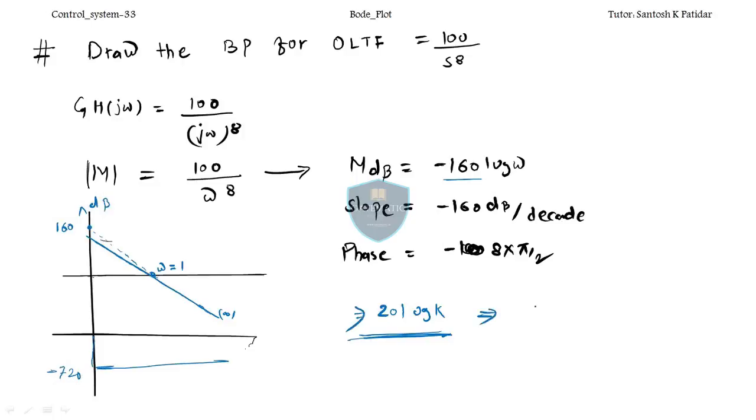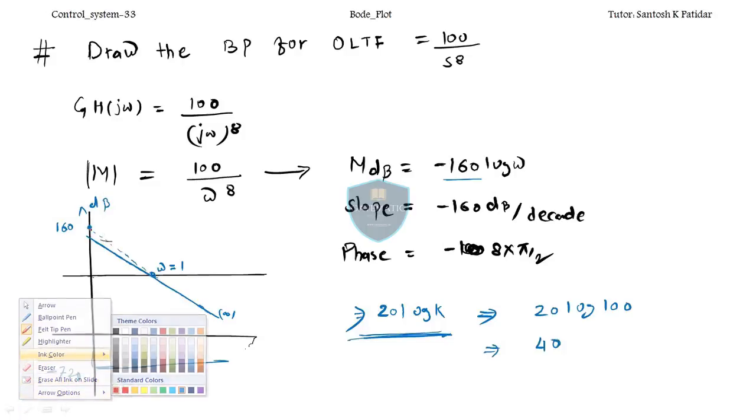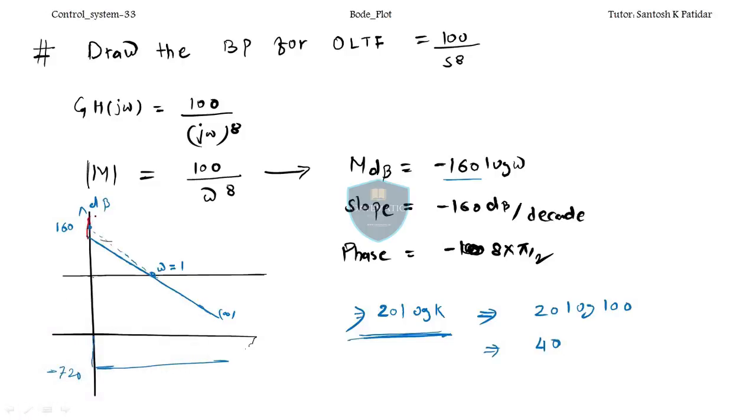That will be the actual Bode plot. Here k is 100, so 20 log k is 40. So I'll shift this graph by 40 dB at every point. Let me change the color. So this will become 200 dB actually, and this will be like this. So this is the actual graph. The actual Bode plot is like this.